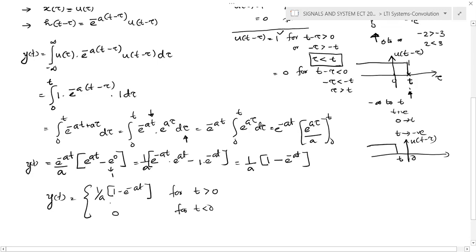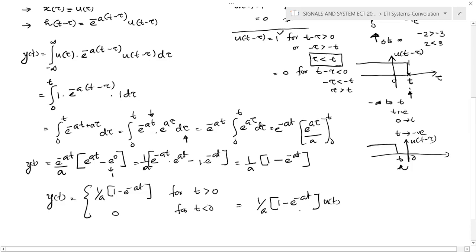That is, if t is positive, this equation is valid, and if t is less than 0, there is no common area with non-zero magnitude, so that's why we write 0. Either I can write it in this way, or I can put this equation 1 by a times 1 minus e raised to minus at into u of t, because u of t is a signal which exists only on the positive side. So either you can write the first representation or the second representation.